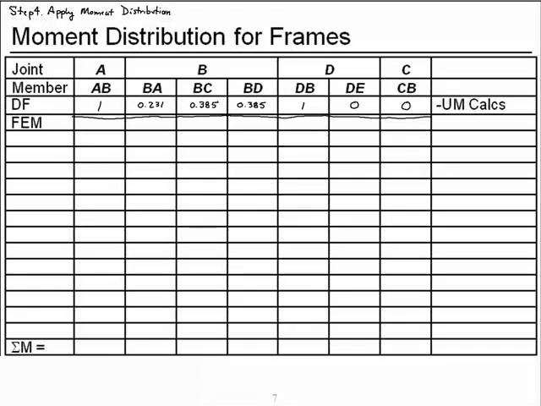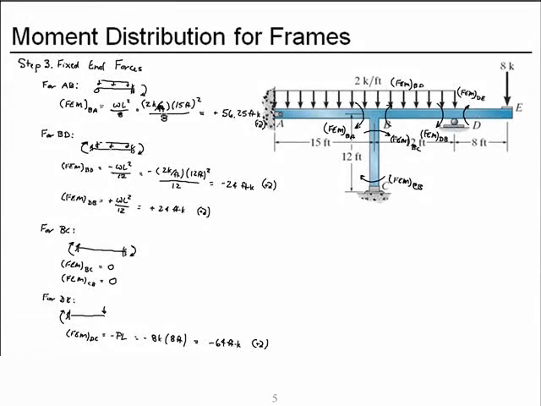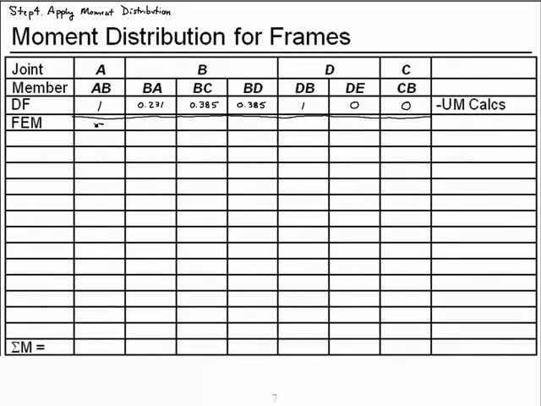And let's start at node A. We saw previously there is no fixed end moment at A because we are using the modified stiffness and noting that A is pinned. And since there will be no carryover from the node B side of member BA, this node will not receive any moment during moment distribution.